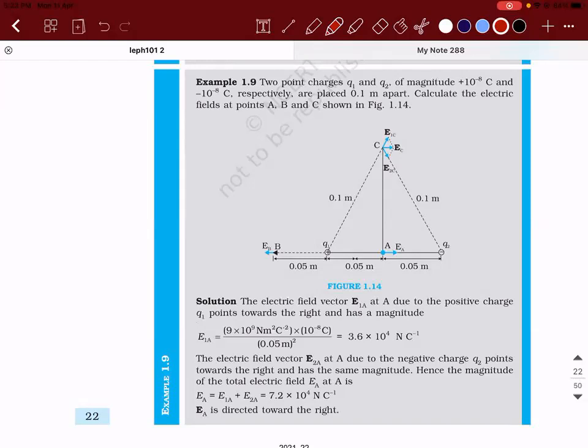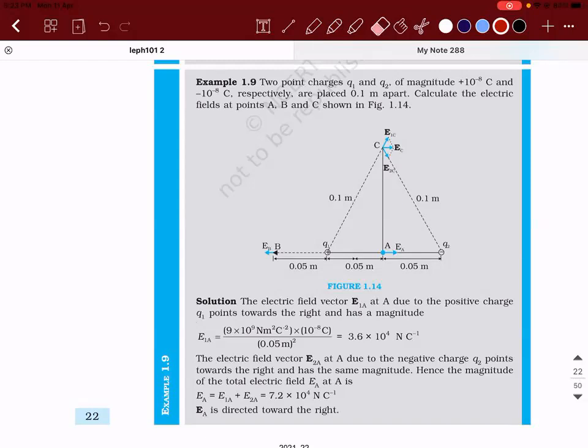Are you able to understand what is right? Similarly, what about point C? Point C is perpendicular to the line joining these two charges, and the distance from the midpoint is given. They could have given something, so this distance they would have given. If that is the case, will you be able to draw the diagram or not? That is what I'm trying to ask.